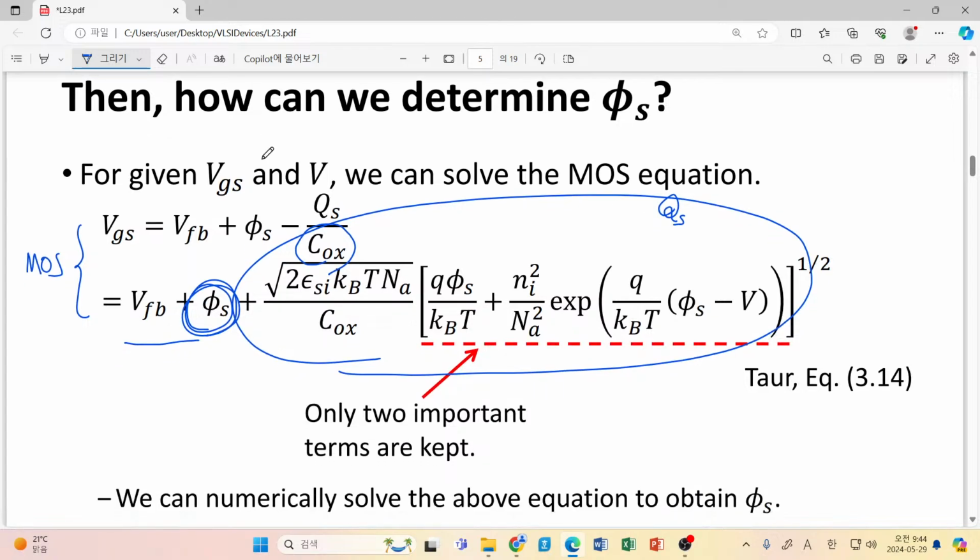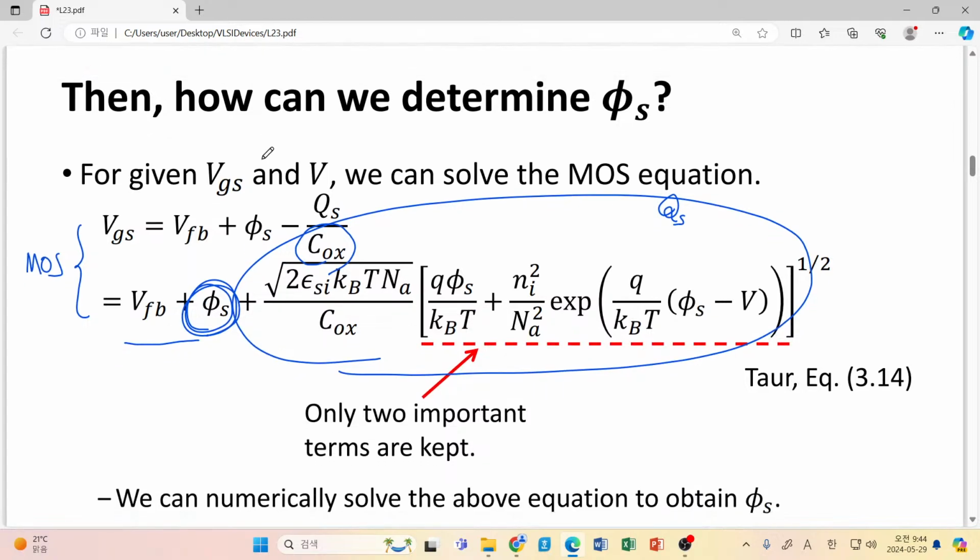MOS equation at each slab, source side and drain side. So you must solve this equation twice, numerically in many cases, and some guys really hate the numerical solution, so they instead introduce additional approximation to avoid numerical solution of this equation 3.14.